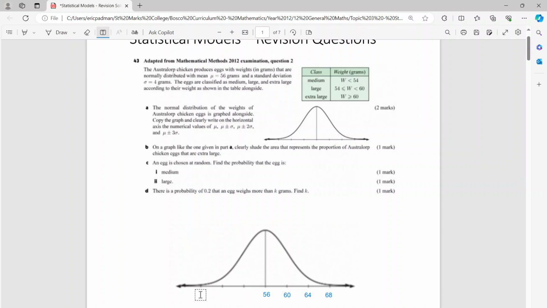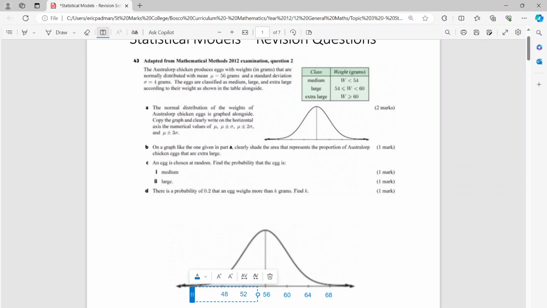And then on the other side. A bit more challenging to go down. So we had 54. Going down by 4, 52, 48.